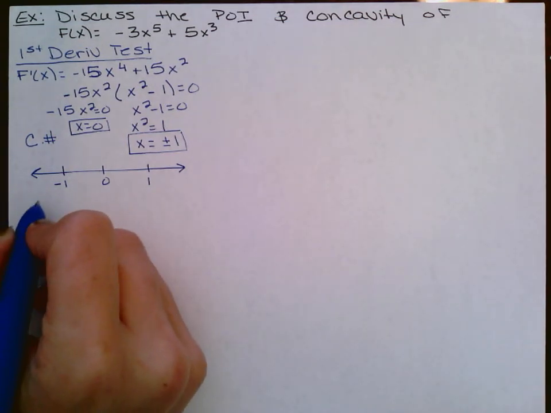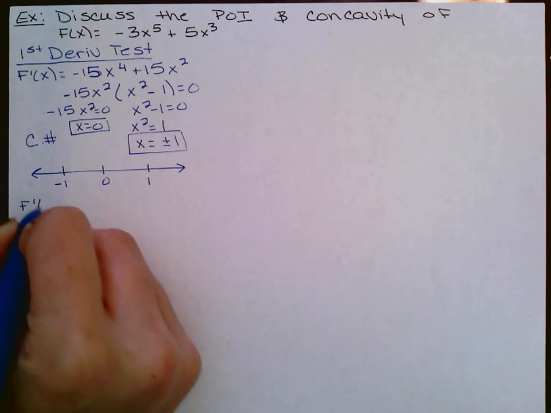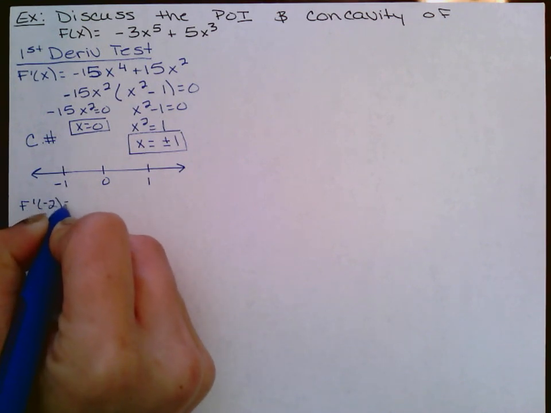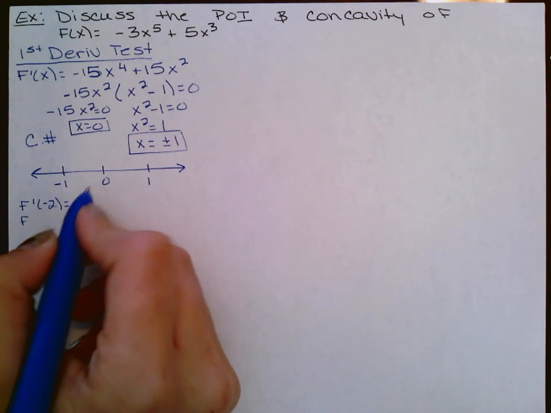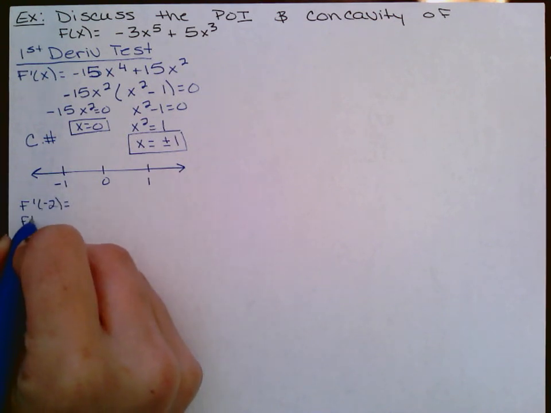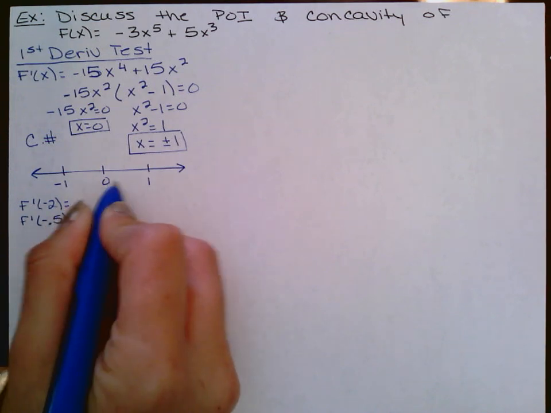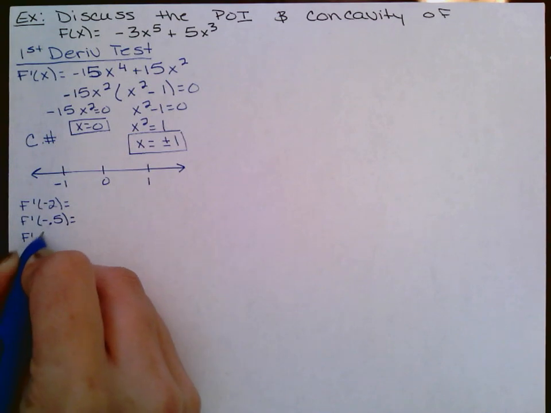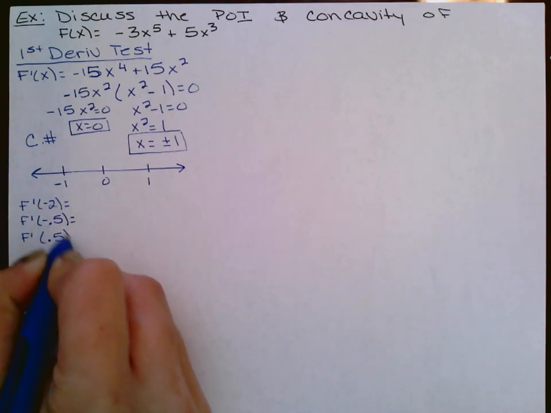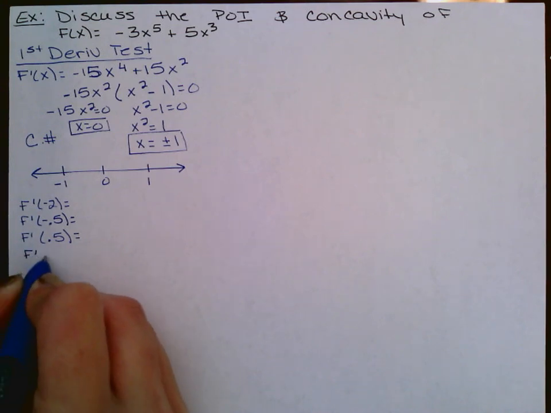So an easy number before -1, plugging into the first derivative would be -2. An easy number between -1 and 0 is going to have to be -0.5. Same for after 0 and 1 would have to be a +0.5. And then after 1, let's say 2.